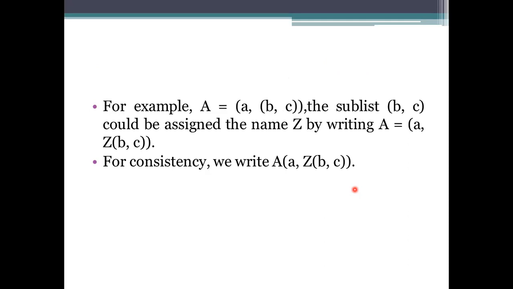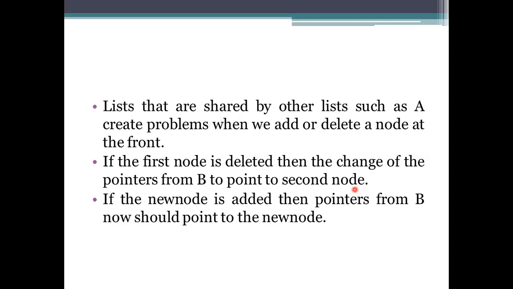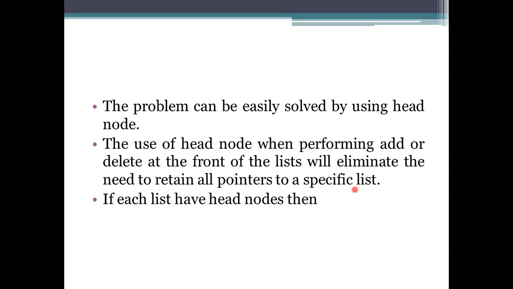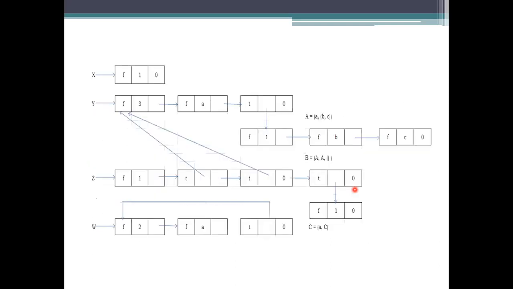Taking the example A here, we mention the sublist is having one name, that is Z, for a neat representation here. We take the A list to be processed by A and Z, and next, B has been using the values of A here. So we need to represent another one here.